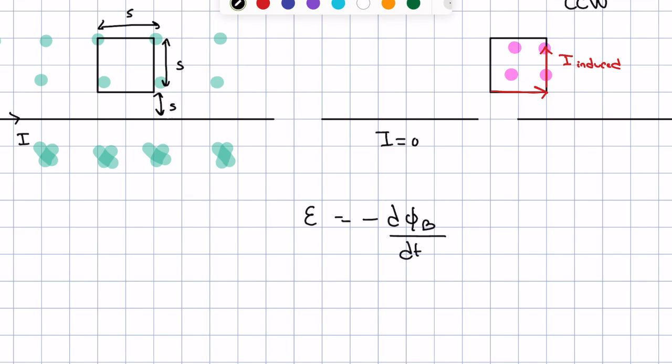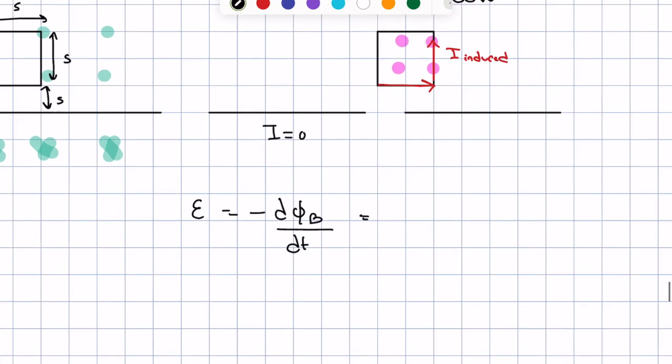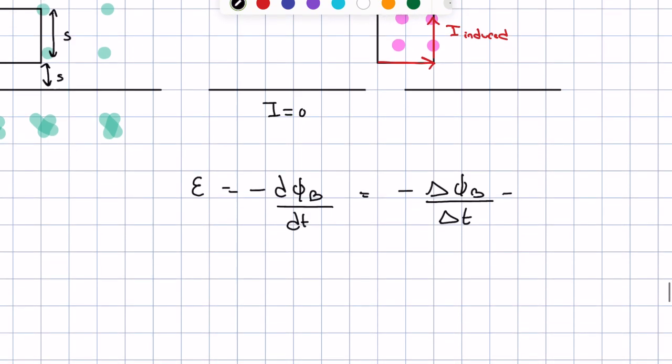Let's say they said that it took 2 seconds for the current to go from something to 0. To calculate the EMF, we then have to figure out what delta phi_B over delta t is. We say delta t is like, I forgot what I said, like 2 seconds. Delta phi_B is equal to phi final minus phi initial, where initial is before we cut it and final is after we cut it.